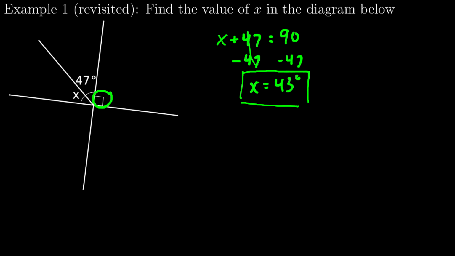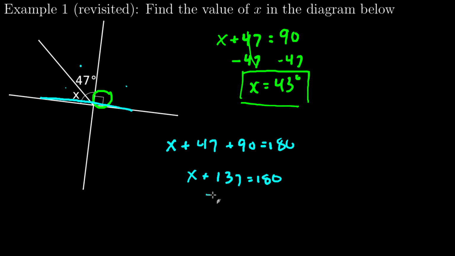You could have alternately noticed that I have a straight angle made up of 1, 2, 3 angles. And I could also have done x plus 47 plus 90 equals 180. 47 plus 90 is 137, so x plus 137 equals 180, and I could subtract 137 from both sides. And that would give me, again, x is equal to 43 degrees.